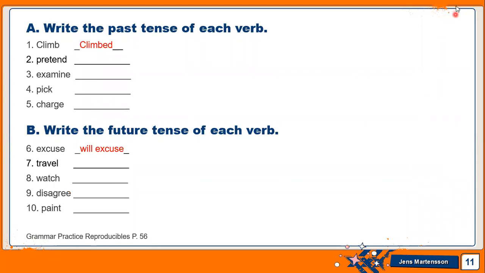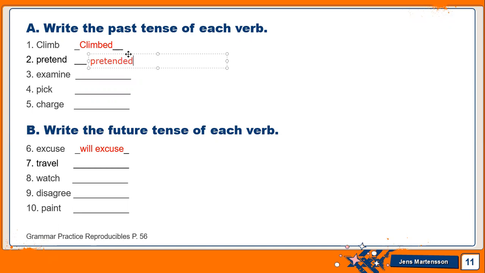We have here two exercises. Let's solve them together. We need to write the past tense of each verb in part A. So climb, I add ed to it, it becomes climbed. Pretend, it becomes pretended.